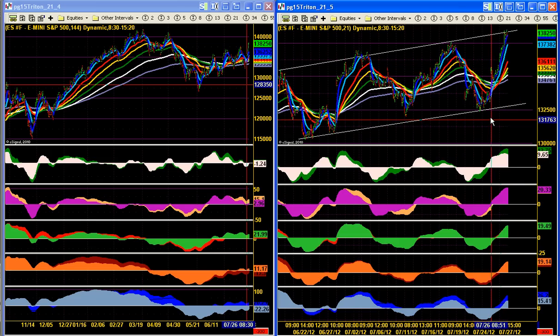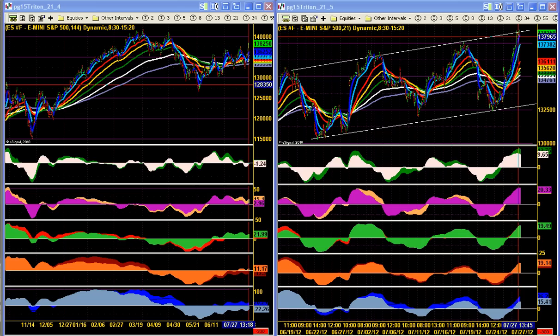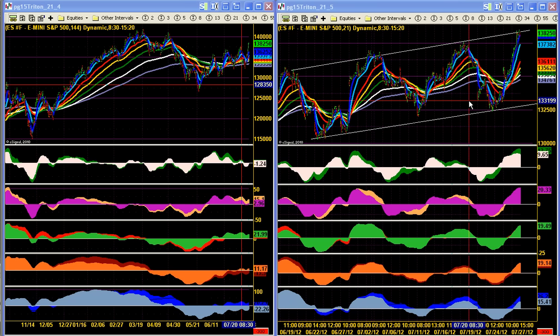But basically no short position should be taken until the 21 is below zero, and then we can re-examine it to see if it's actually a short that you can take a swing position on, or if it's still a day trading market.